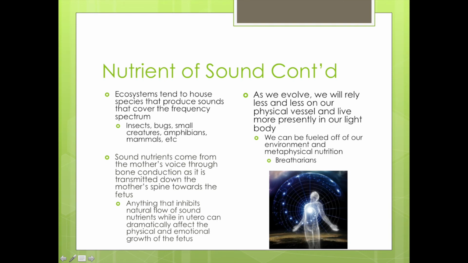Every ecosystem is unique because of all of the animals that carry distinguishing vocal features. Being present in nature is very nourishing for many reasons, but of course I think we all know that.